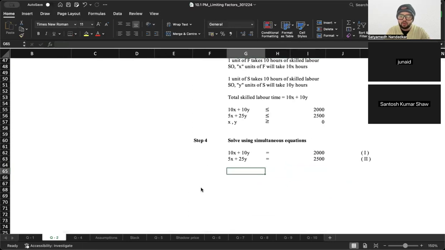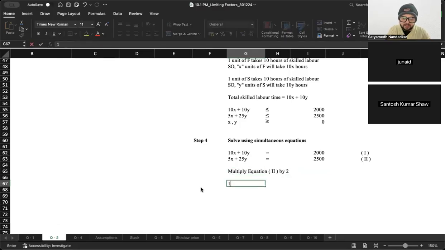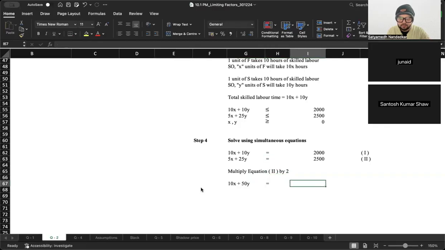If I need to eliminate x, I need the LCM of 5 and 10, which is 10. So I will multiply equation 2 by 2. So what I'll get is 10x plus 50y will be 2500 into 2, 5000. This is my equation 3.